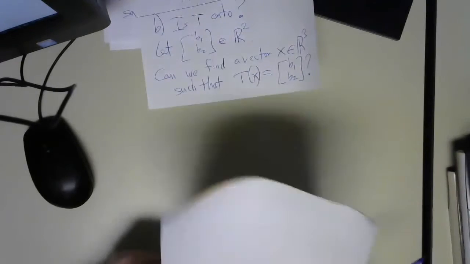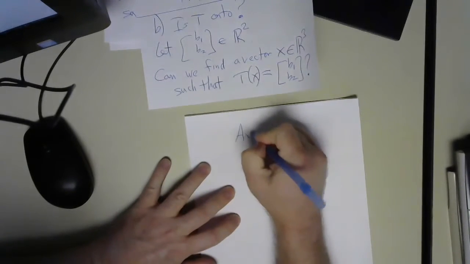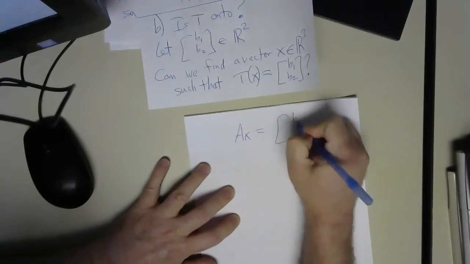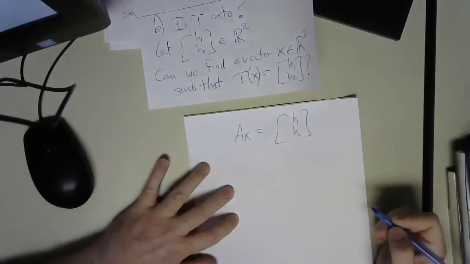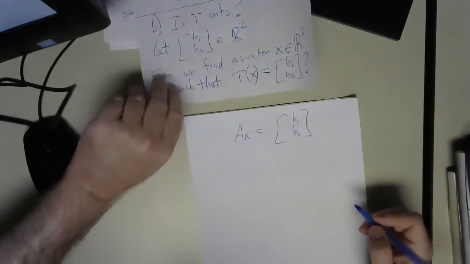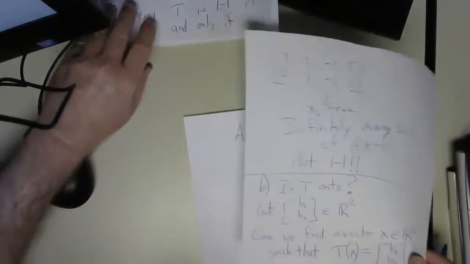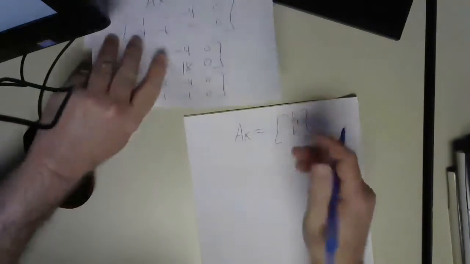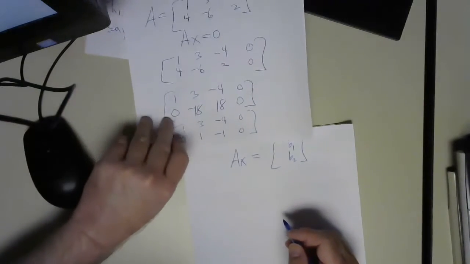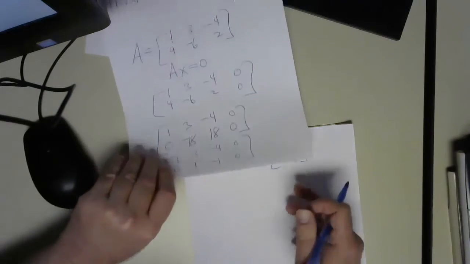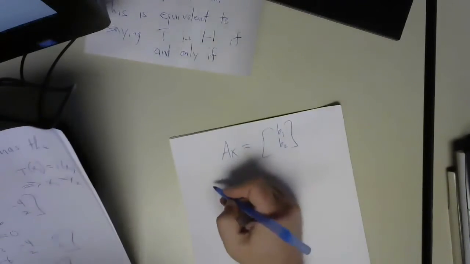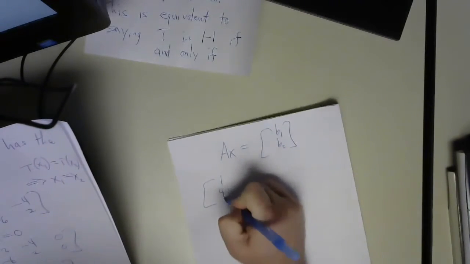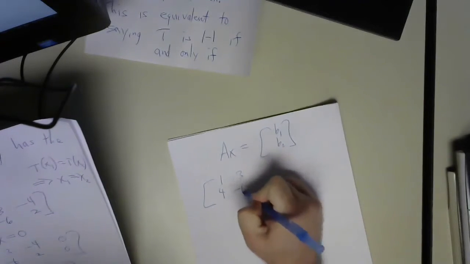But remember, the left-hand side is really just Ax. So we're trying to solve this thing if we can. We already know what A is, from the first part of the problem.